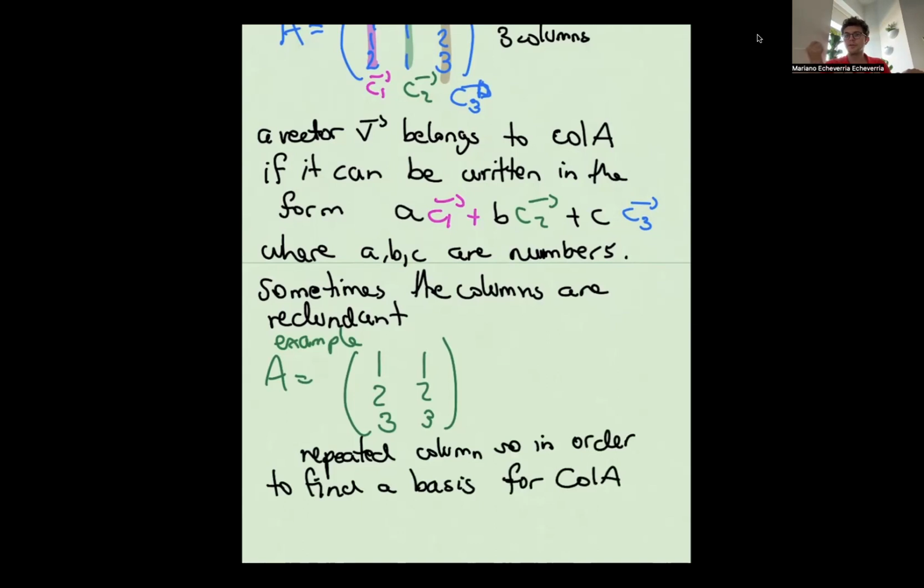We may end up needing fewer columns, so the number of vectors in the basis may be lower than the number of columns in the matrix.